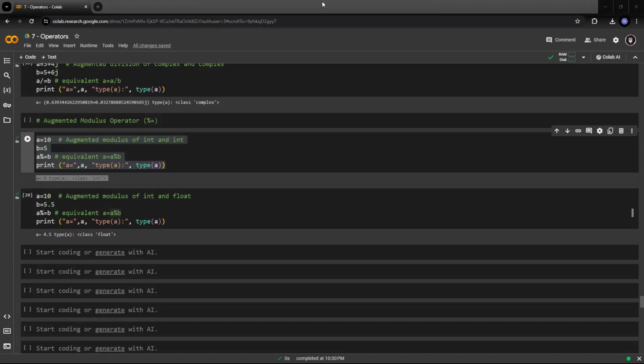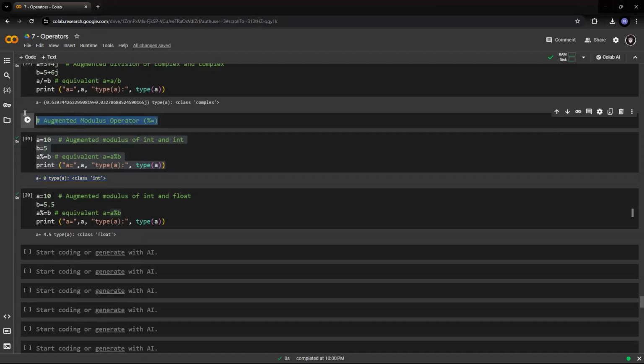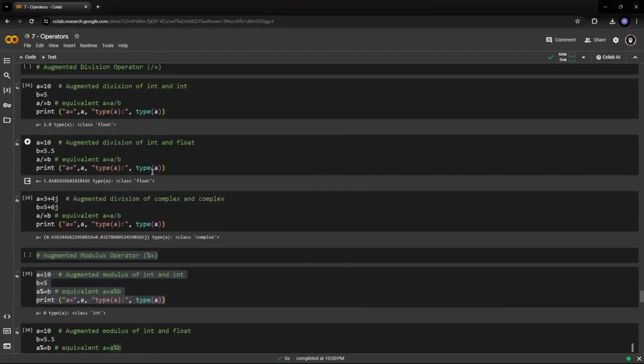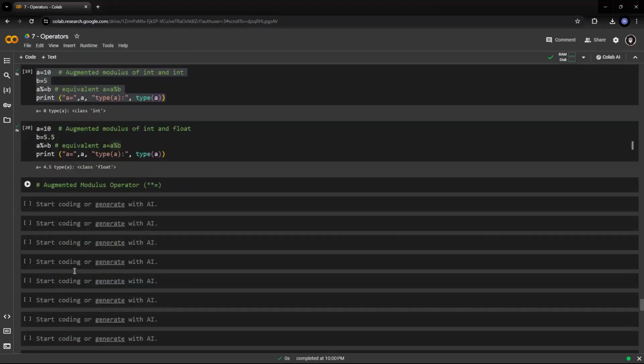Now the last operator in assignment operators that you need to know is exponent. Exponent is written by double star sign, which is this way. The double star equals to operator results in a raised to b and assigns the value back to a. So how is it done? Let's again use the same examples that we had, like int and int.